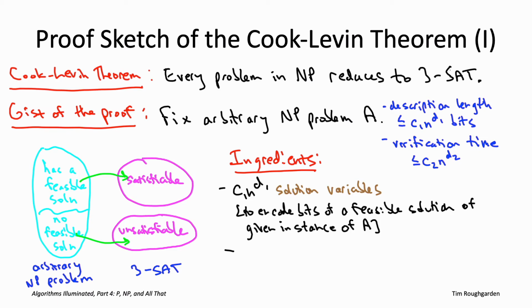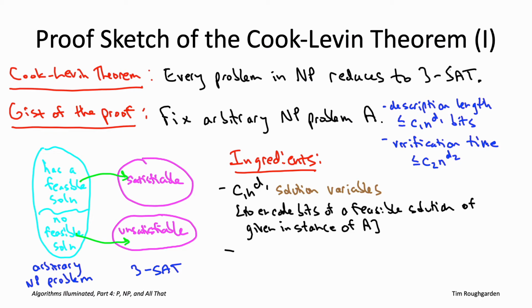And the point of these state variables is to encode the execution of the assumed verification procedure on a candidate solution. Now, by assumption, by virtue of problem A belonging to NP, the verification algorithm runs in at most C2 times n to the D2 time. Moreover, let's assume we use a computational model where referencing one bit of memory costs you one time step.